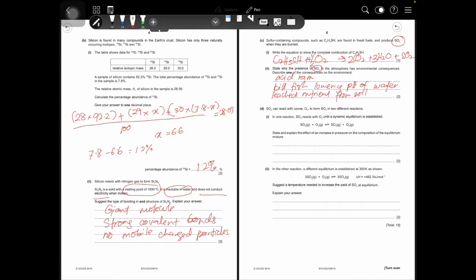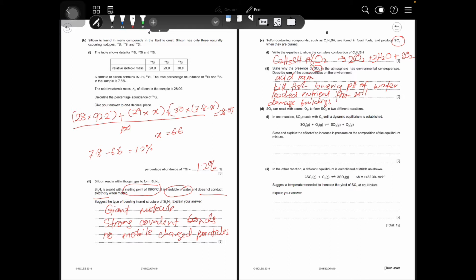You can say it will leach toxic aluminium into rivers. You can also say it will damage or erode buildings. Or you can say it will kill or damage plants or cause deforestation. So any of those.